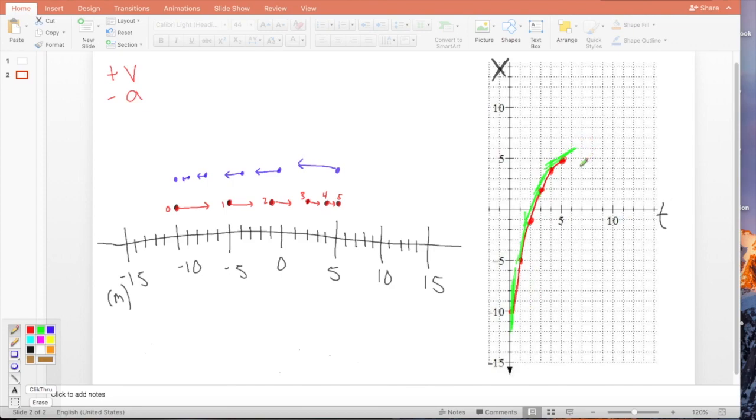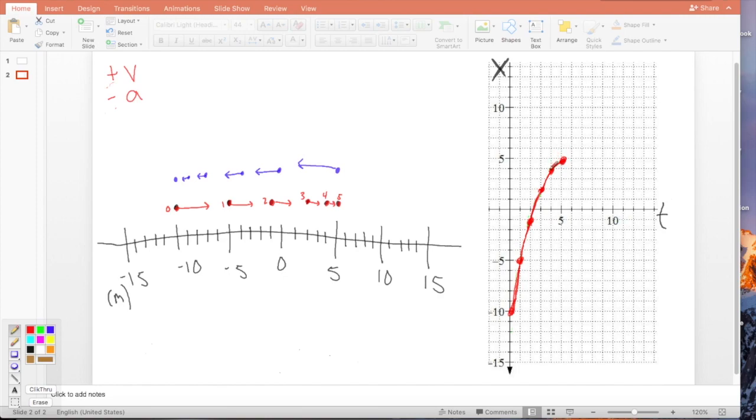The velocity is decreasing. You have got to be able to look at a graph like this and know that the velocity is positive. How do we know that the velocity is positive for this red object? Well, because it's going up and to the right. The position is increasing as time goes on. How do we know it's slowing down? Well, because it is getting shallower and shallower. So the acceleration is negative.